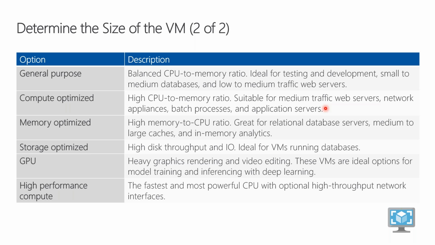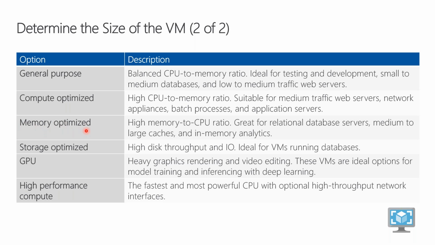In the older days, whenever you gave a check, after 3 or 4 days it would suddenly get processed. For those, compute optimized will work. If you are running any batch processing applications or intensive workloads where general purpose is not suitable, then you can go for compute optimized.